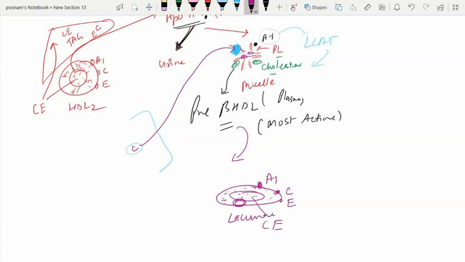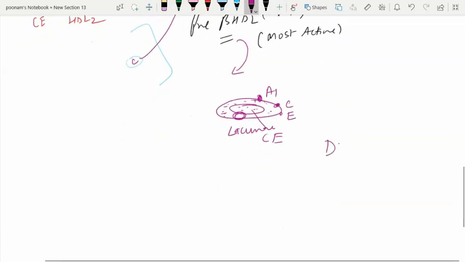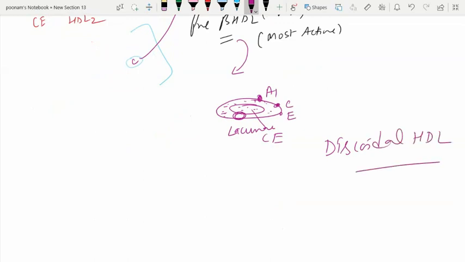This kind of structure, what you see in this picture, is nothing but the discoidal HDL. So the discoidal HDL is not only coming from liver and GIT, it is also originating in the plasma from pre-beta HDL when LCAT is acting on that pre-beta HDL.